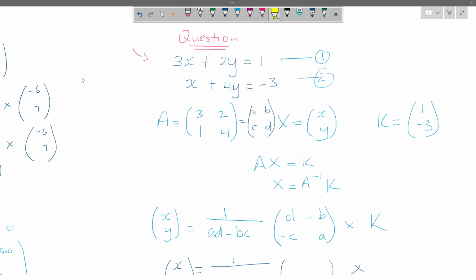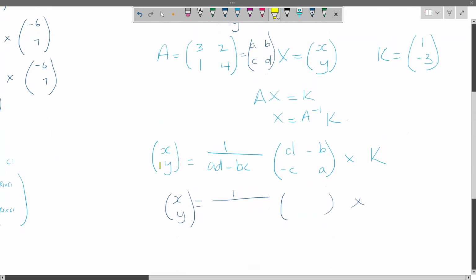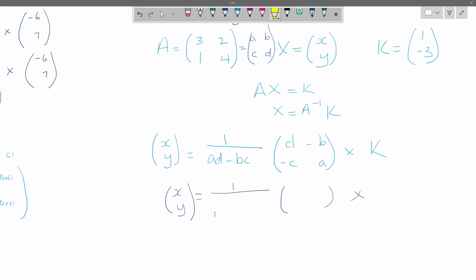So let's solve this now. We frame up the answer as you needed to. Then the sum of values to work them up.